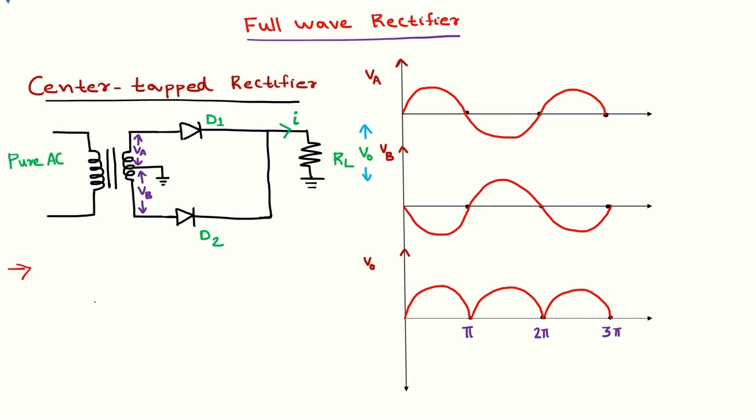The center tapped rectifier consists of two diodes, as we can understand from the figure, and it also uses one center tapped transformer. That is why it is known as a center tapped rectifier.